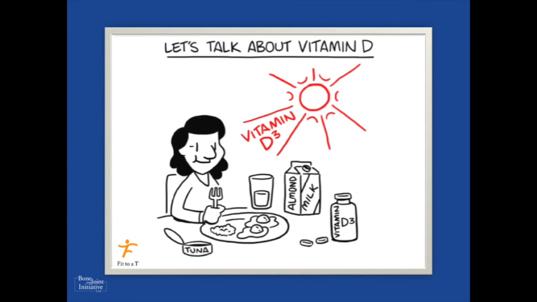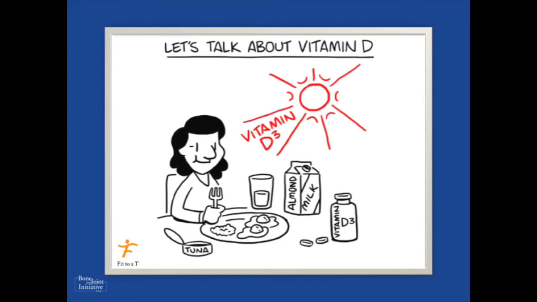Now let's move to vitamin D. Unfortunately, there are not quite as many sources of food that contain vitamin D. However, we can get a large amount from the sun, as well as supplements that we can take over the counter. We recommend approximately 1,000 international units of vitamin D3 daily.